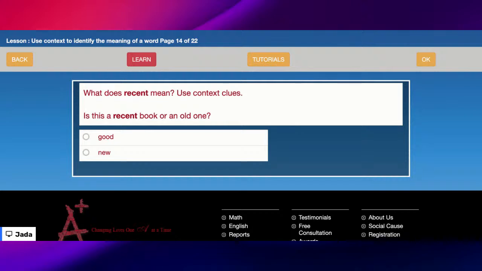Do you have any questions on the chat? If you have any questions, send it to me on the chat and then I will explain. Do you have any questions before we finish the context clues?